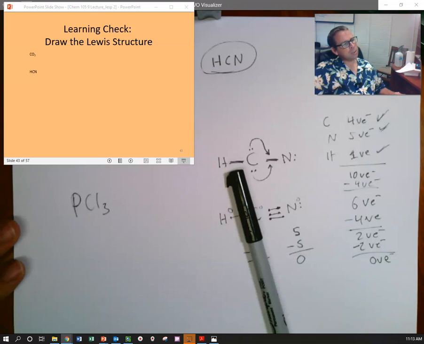Please share with your neighbors and work together to try to do this. Some of you will only have 2 people in your breakout group, so make sure you join your breakout group, okay? And we're going to draw the Lewis dot structure for PCl3. Okay, go for it.